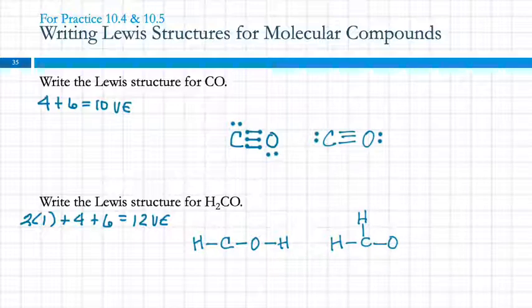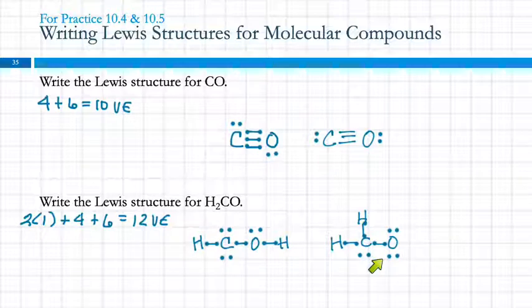So looking at this one that's a line, we've got 2 electrons, 4, 6, 8, 10, 12. And over here we'll do the same thing, 2, 4, 6, 8, 10, 12. Not enough, right? Not enough electrons for an octet.